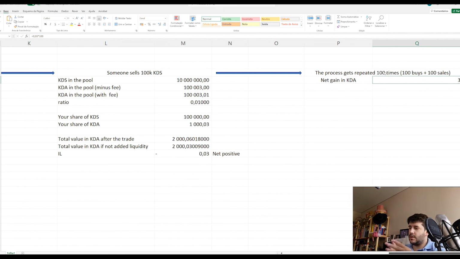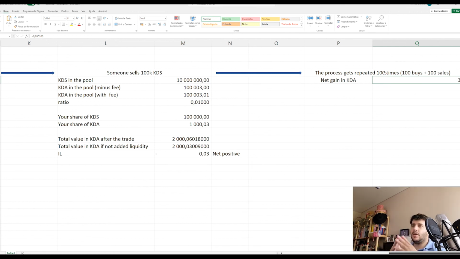So this is, first of all, a long-term game. This is better the longer you provide liquidity, because the price fluctuates, but eventually it comes back down and up and down and up, and the volume keeps getting added. So if you provide liquidity and just take it out a week later because you're getting scared that the price is going up or down too much, you're probably losing money, because there's not enough volume for you to make up for the impermanent loss.